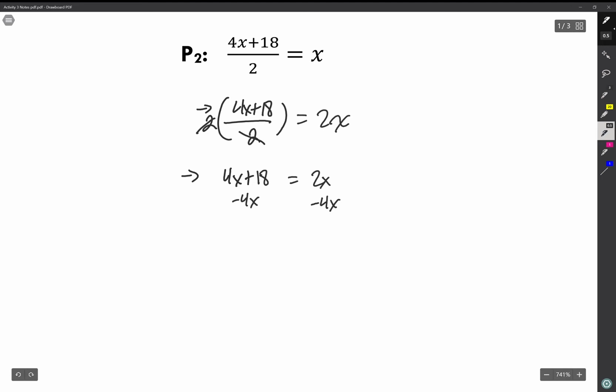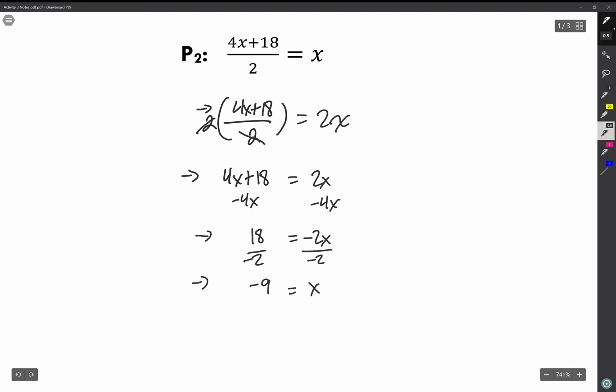Okay, this will leave me with 18 is equal to negative 2x. Right, because 2 minus 4x is negative 2x. Now let's get x by itself by dividing by negative 2 on both sides. So x is equal to negative 9.